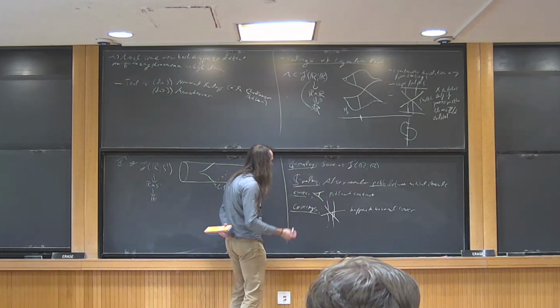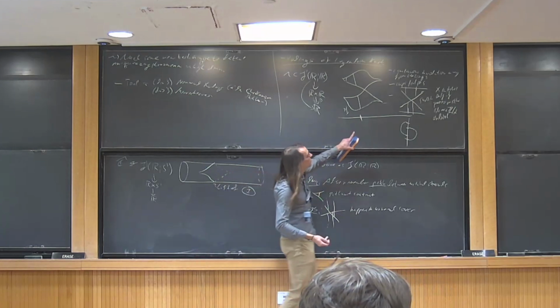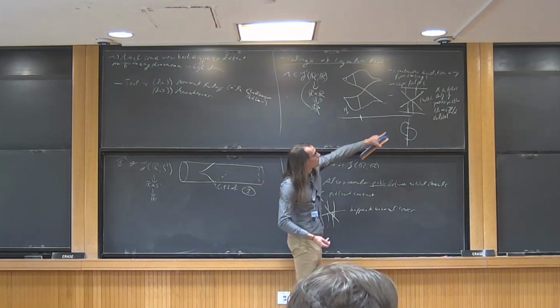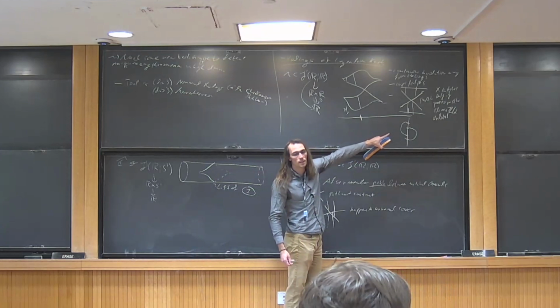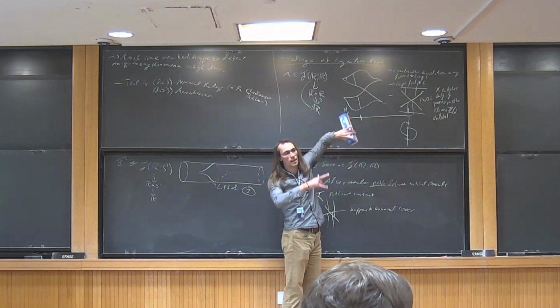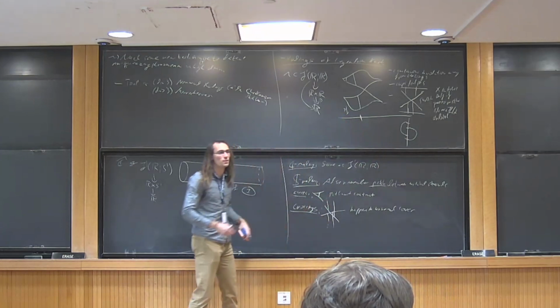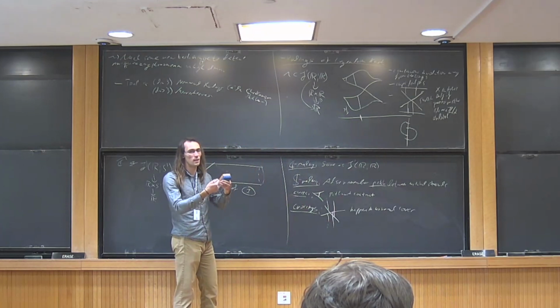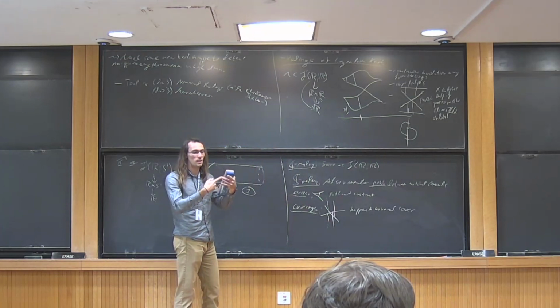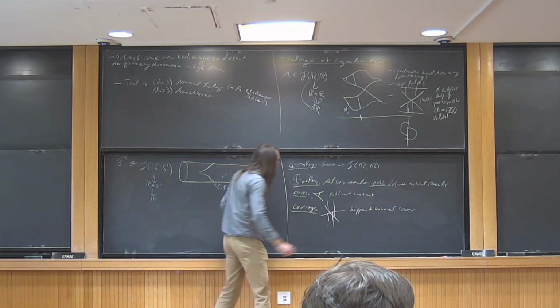The other thing is that your notion of linking is slightly different than it was before, because it's asking about linked paths in R, which is possibly distinct from the linking of just the points in S1.